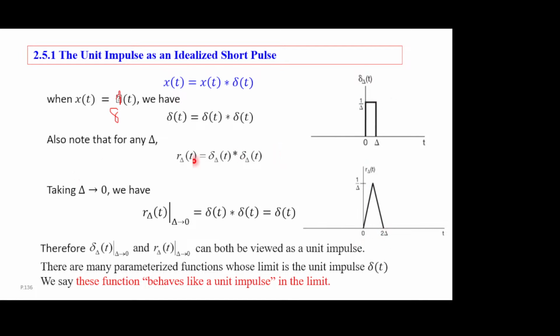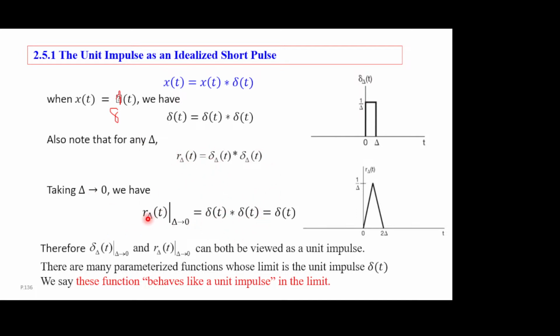This is true for any delta: you just do the convolution of two of those delta sub-triangles and you get this. Now think about taking delta to 0. Those two things should become delta of t, because we define it that way.